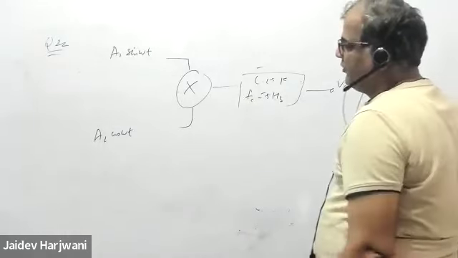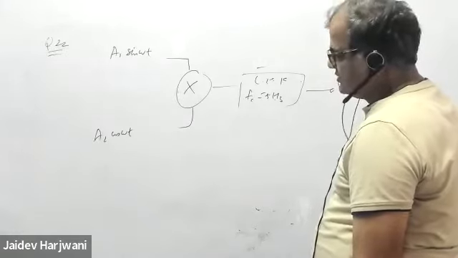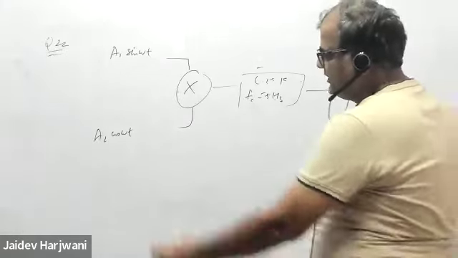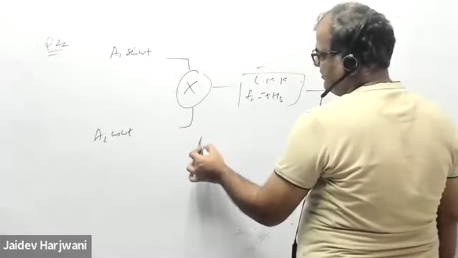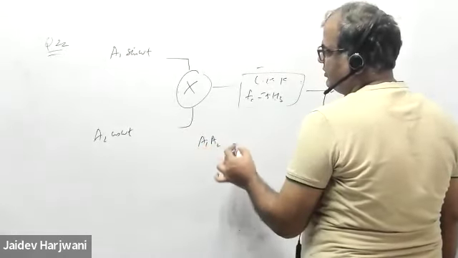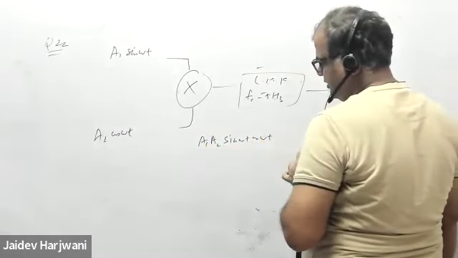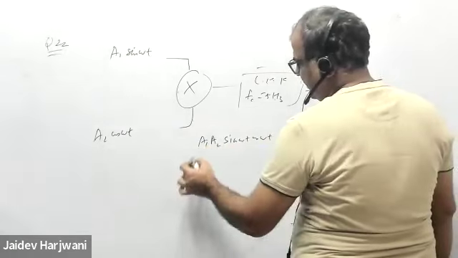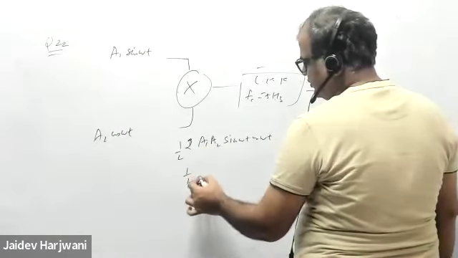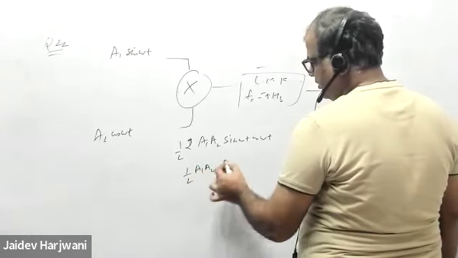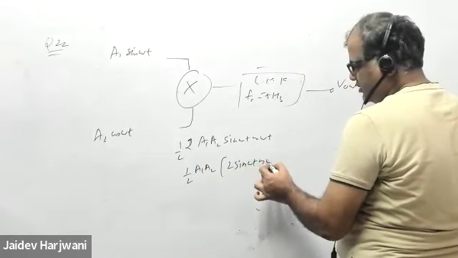So how can you write this one? One is sine, one is cos. So either bring it in the sine form or you just multiply. If you multiply, this will become A1 A2 sine omega t cos omega t. If I multiply by 2 and divide by 2, this is 1 by 2 A1 A2 times 2 sine omega t cos omega t.